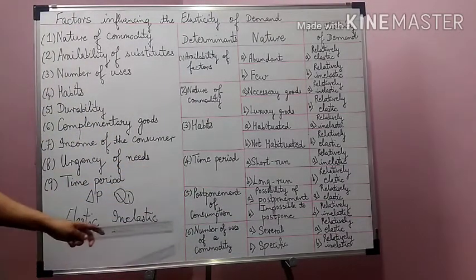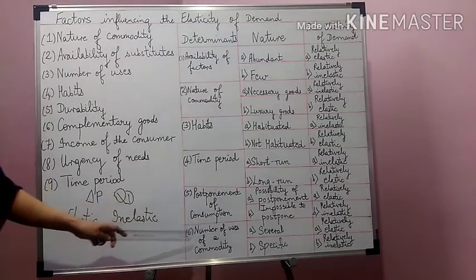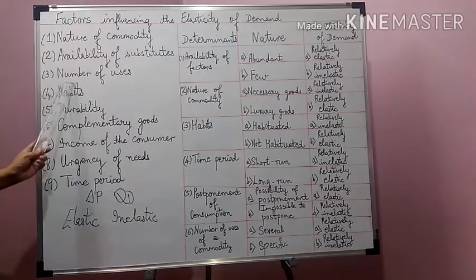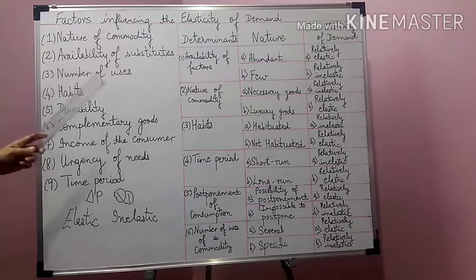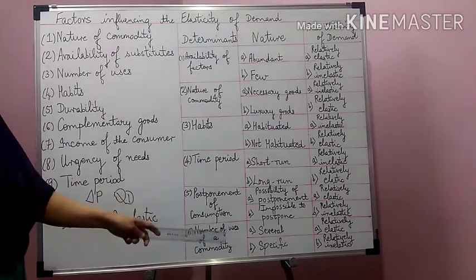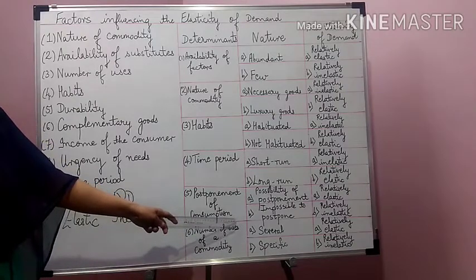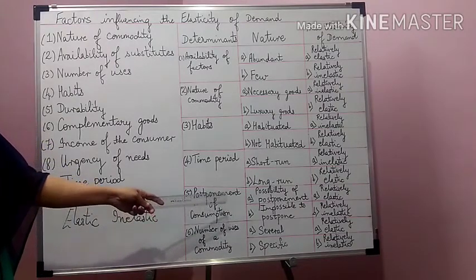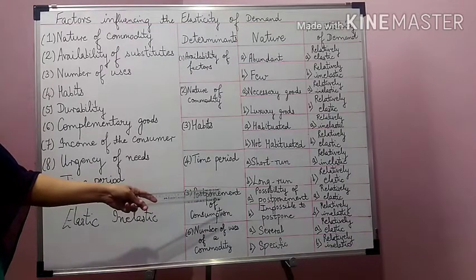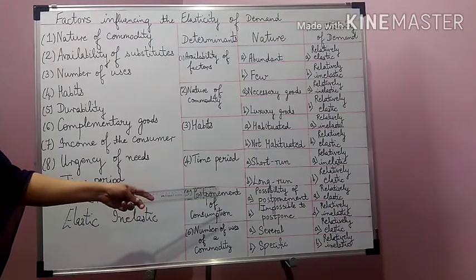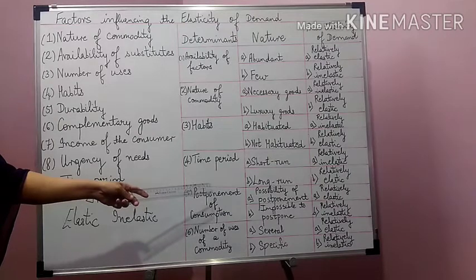And the last one given is number of uses of a commodity. If we can put the commodity to several uses like electricity, if the price of electricity rises, we will use less. So quantity demanded will fall. That is, it is changing.